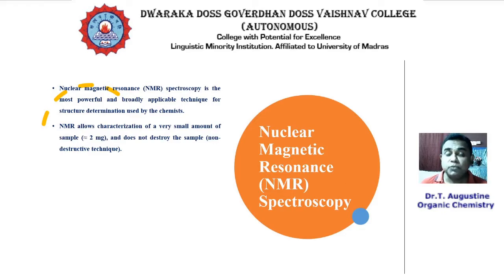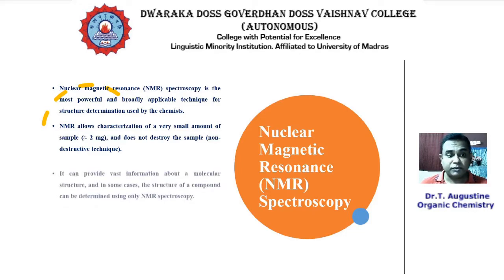Therefore, these two aspects are advantages which one can take into account as far as NMR spectroscopy is concerned. A very minimum amount of sample is required and the technique is non-destructive. Therefore, you can always retrieve the sample after taking the NMR spectrum.